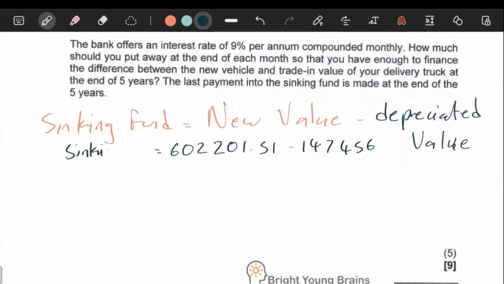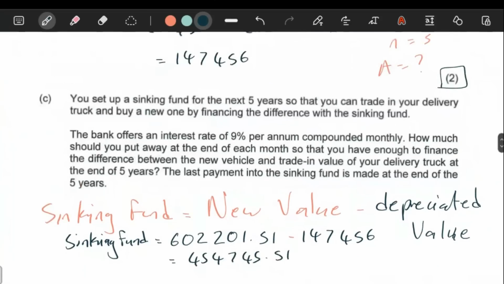Sinking fund. So before we even read the rest of the question, it's just this amount here. So this is 454,745.51. There we go.